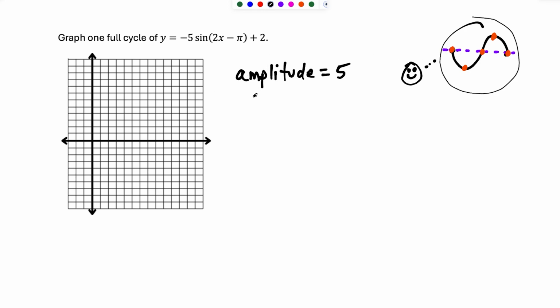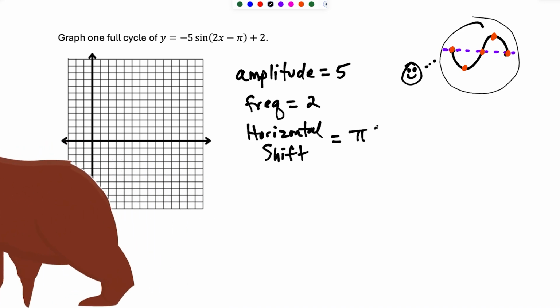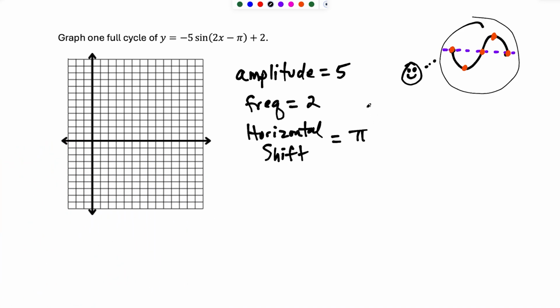So then next we have a frequency equal to +2. This time around, we could say that we have a horizontal shift. And if we look for our horizontal shift, is it equal to pi? No, this is a very dangerous bear trap. You just have to make sure for these questions that when you look for the horizontal shift, the argument of the sine or cosine function should be factored.